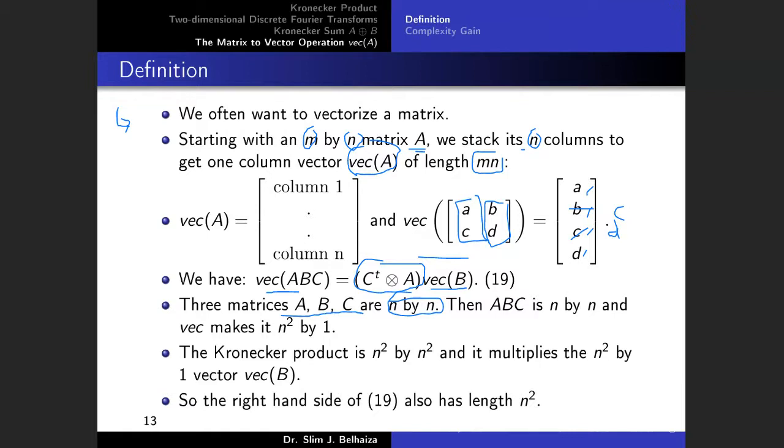So if the three matrices A, B, C are n by n, then ABC is in fact n by n, and the vectorization makes it n squared by 1.